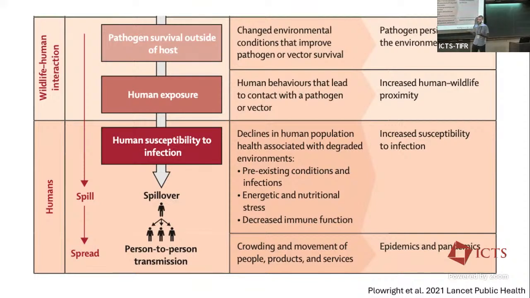So living in these disturbed environments could decrease the health of human populations. So that may lead to pre-existing conditions like asthma or something that might lead to higher susceptibility for respiratory pathogens, or your own nutritional stress and decreased immune function. So these stressors that are introduced from land use change and habitat degradation can affect all parts of this cascade.